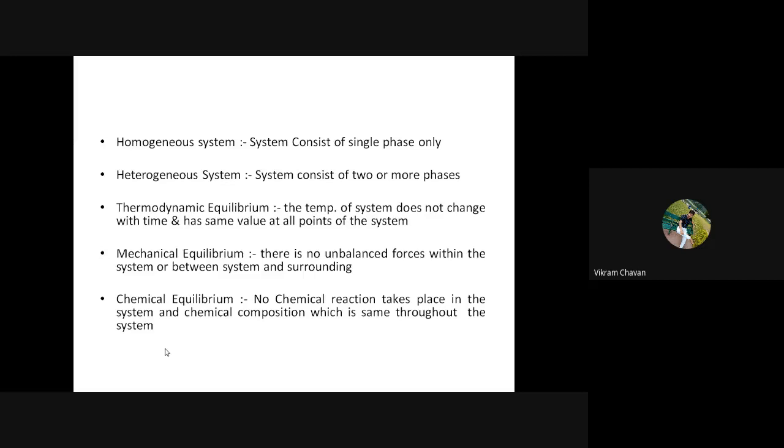Now if you check the temperature at different positions of that substance and you also get 35 degrees Celsius, then we can say the temperature does not change with respect to time and has the same value at all the points of the system. That is called thermodynamic equilibrium.